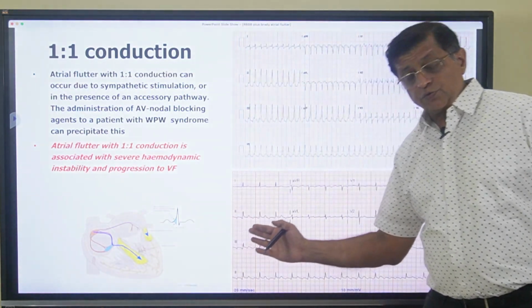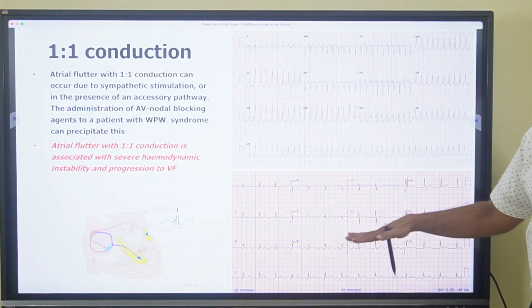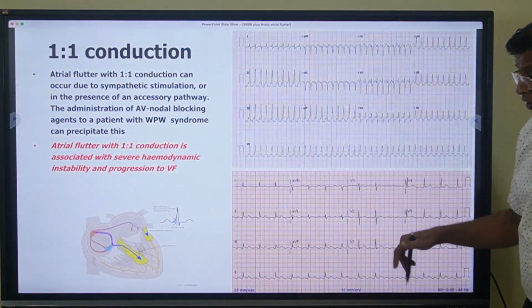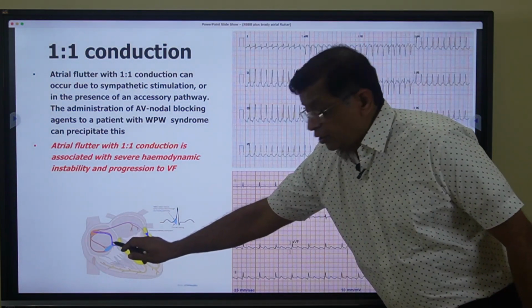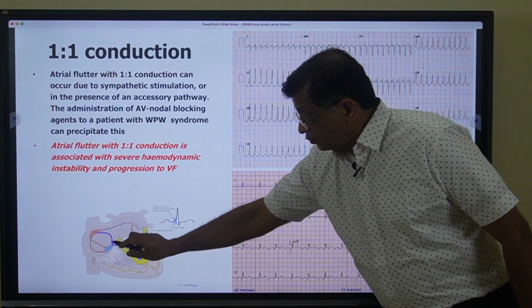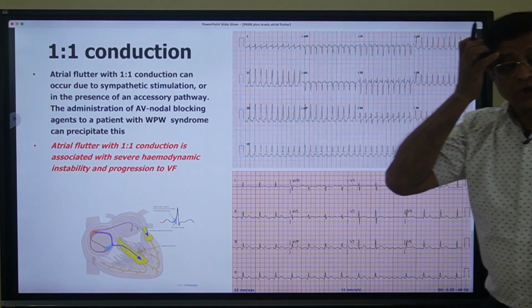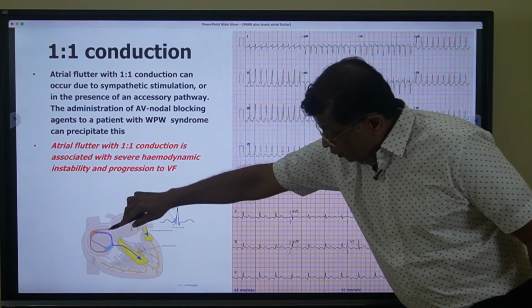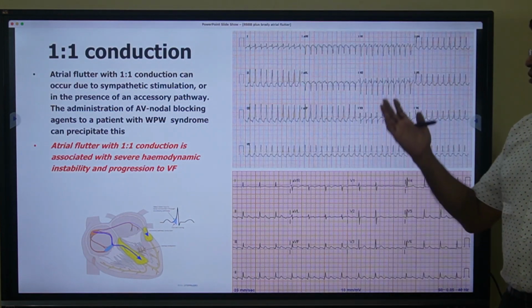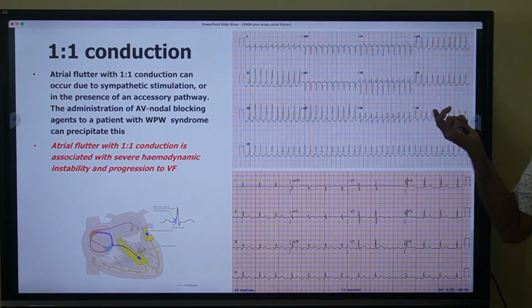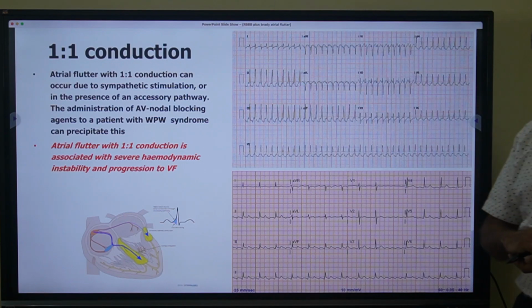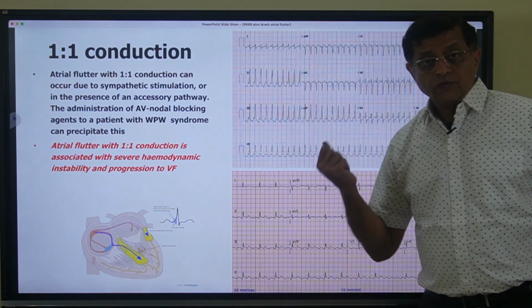In such patients with pre-excitation, if the patient has atrial flutter and you give a drug to reduce the ventricular rate, a drug to reduce the AV conduction, then all the impulses will travel through the accessory pathway, causing what is called 1:1 conduction. This is a dangerous phenomenon. Imagine the ventricle contracting at a rate of 300 per minute.